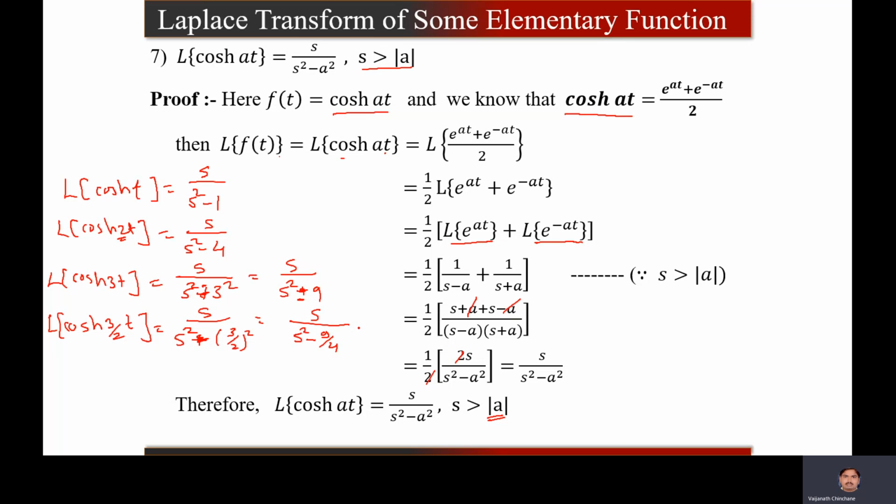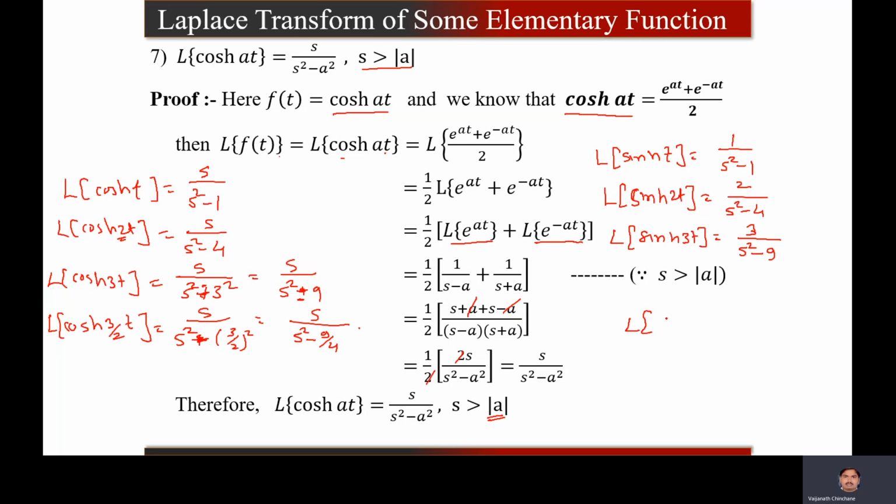Okay, so in this way we find Laplace of cos hyperbolic. Now suppose we want to find Laplace of sine hyperbolic t. So the formula is a upon s square minus a square, that is 1 upon s square minus 1. Laplace of sine hyperbolic 2t, that is 2 upon s square minus 4. Laplace of sine hyperbolic 3t, that is 3 divided by s square minus 9.